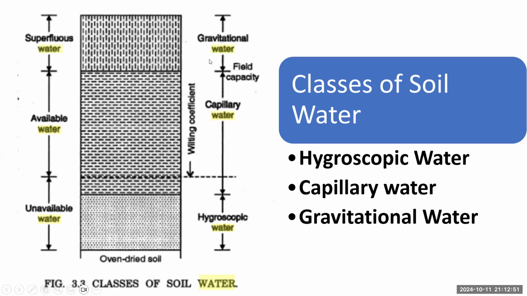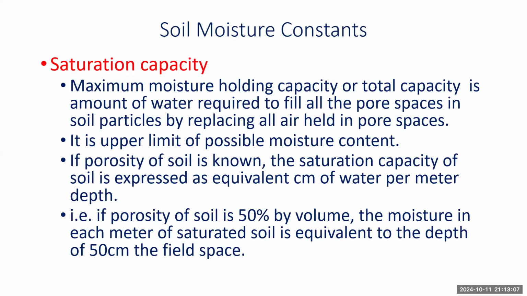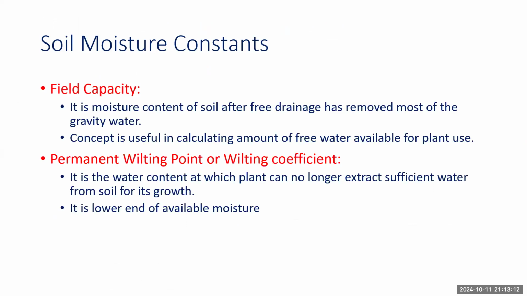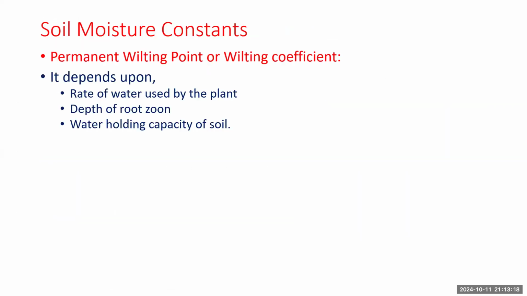And when there is gravitational water along with the capillary water and hygroscopic water, then it is called saturation capacity. So saturation capacity is the first soil moisture constant we have discussed. After saturation capacity, we have discussed field capacity. And then we have discussed permanent wilting point or wilting coefficient.